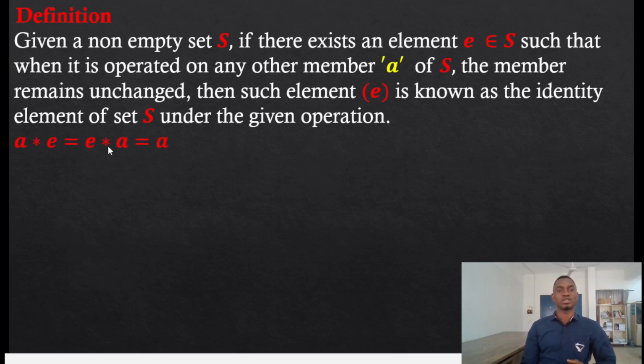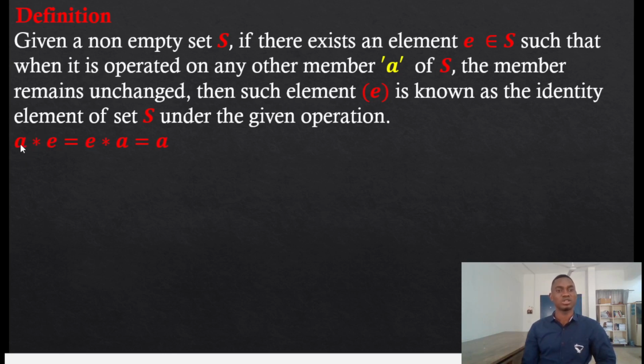And the property is given as A operated on E is equal to E operated on A, which is equal to A.